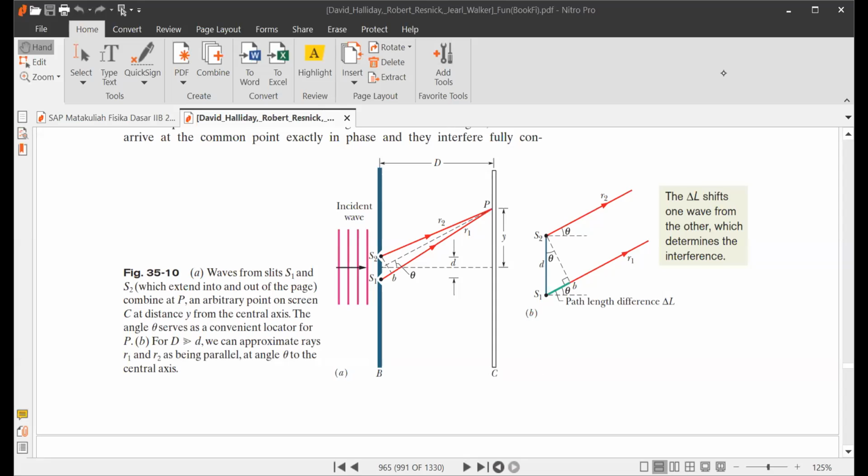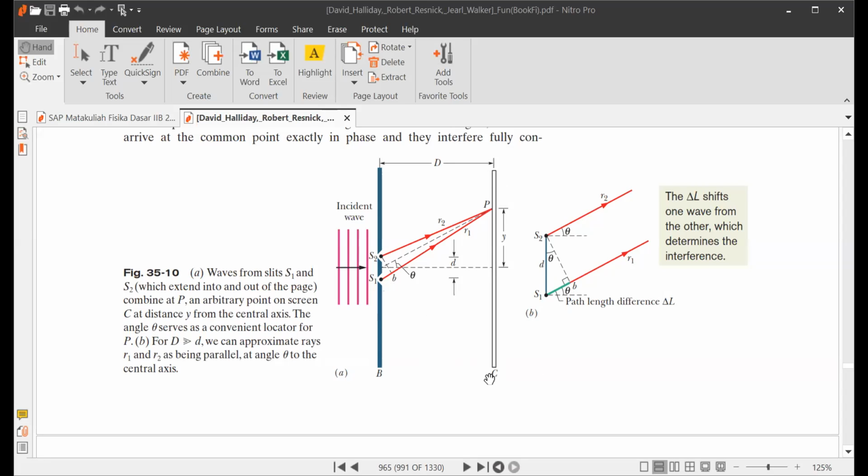So these are the two slits here, S1 and S2, and this is the screen. Usually the screen we consider is far, far away from the slits.